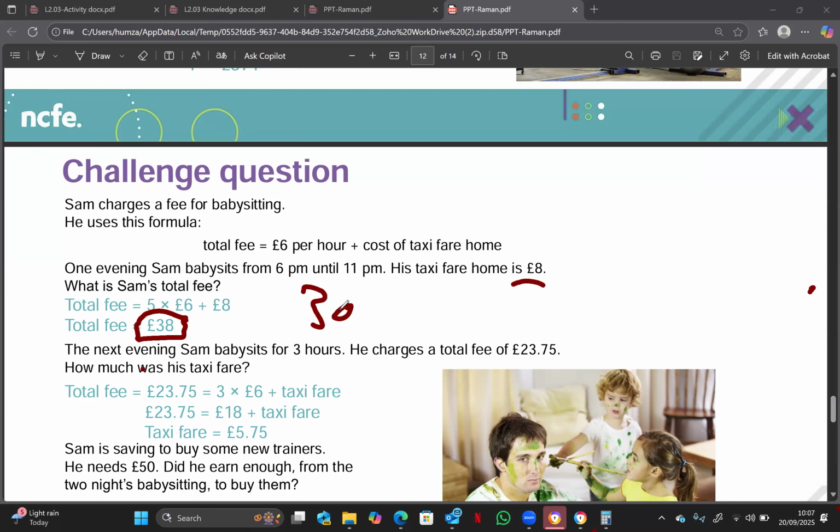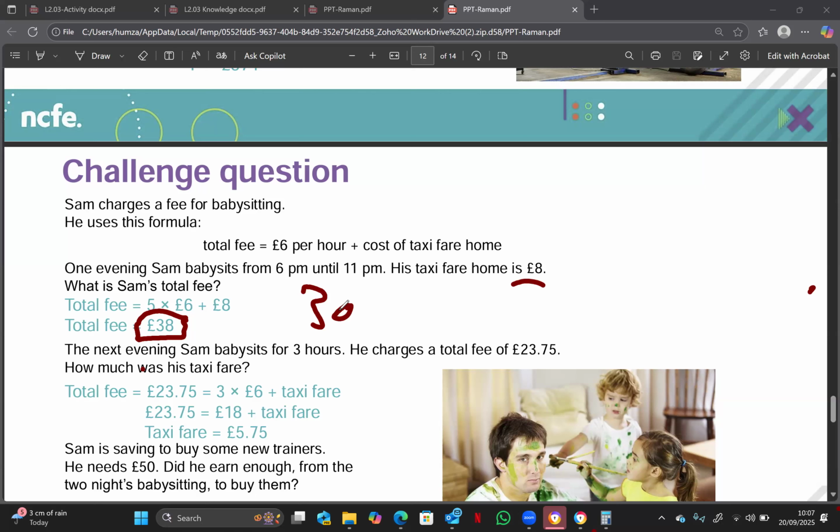So that's the first night. Second night, how much did he earn? You tell me that. I'm not going to say anything. The second line, taxi fare is 5.75.